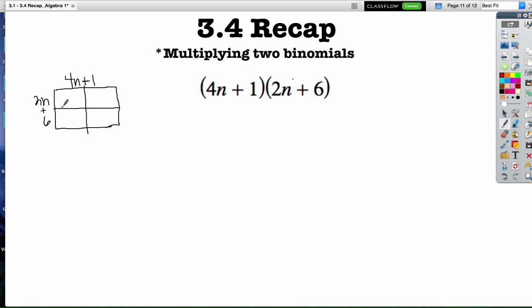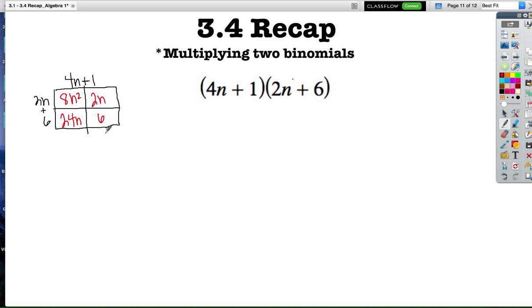We have to remember the exponent rules: if I multiply a variable by the same variable, I end up adding their exponents. So 4n and 2n gives us 8n squared. 4n times 6 gives us 24n. 2n times 1 gives us 2n, and 1 times 6 gives us 6.